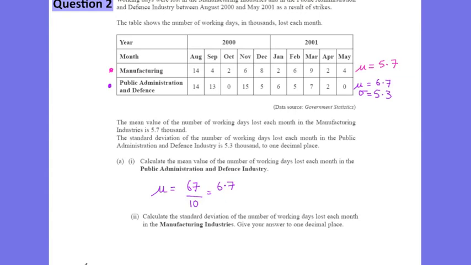The next part of the question asks us to find the standard deviation for the manufacturing here. Now we have a list of data. We can find the standard deviation by finding the square root of the sum of all of the values squared. So we need to take each one of these values, square it, add it up.